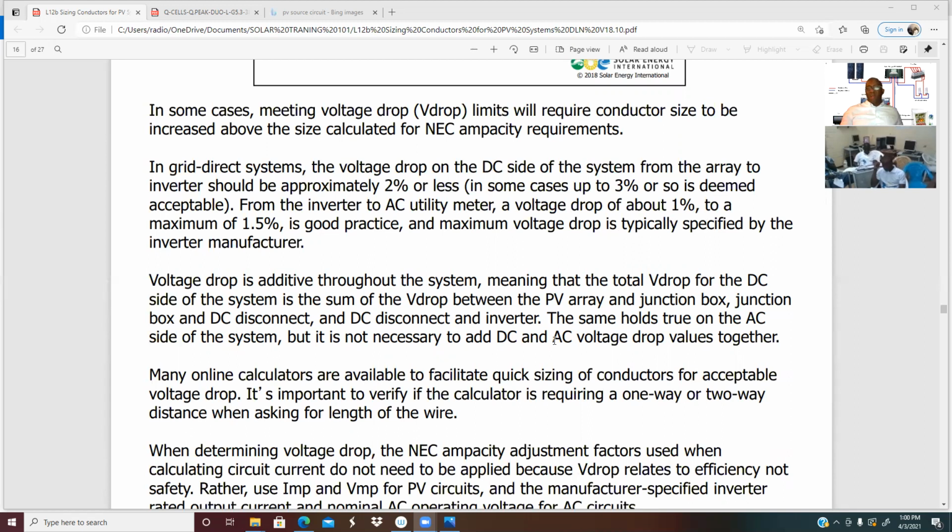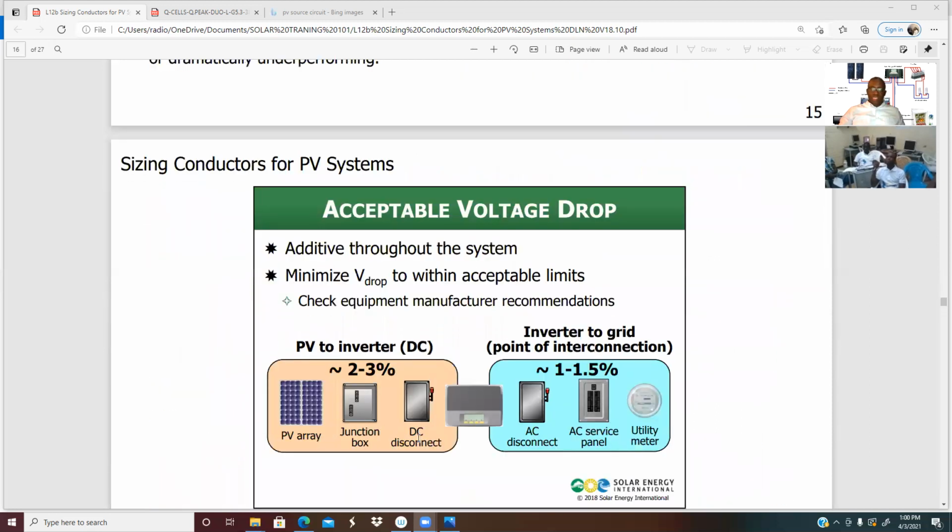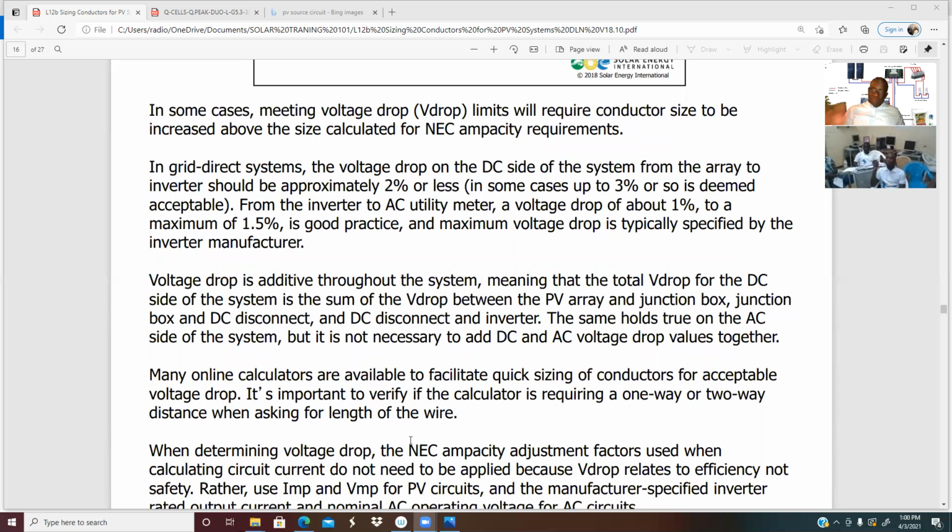They're saying that at least between your PV array and your DC disconnect, you should be below 3%.